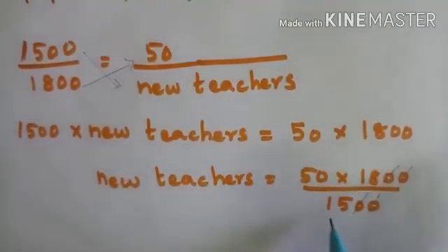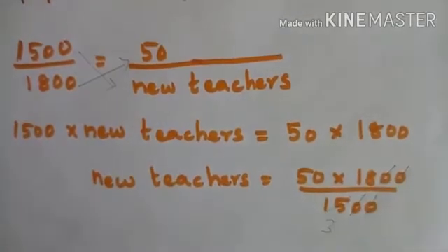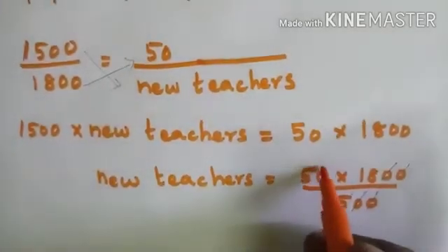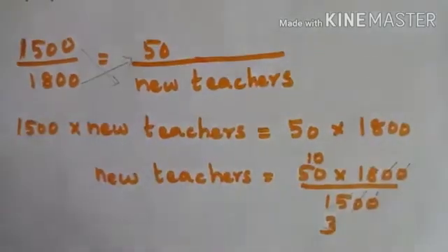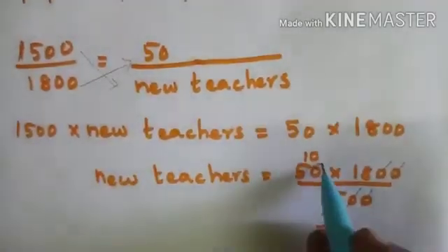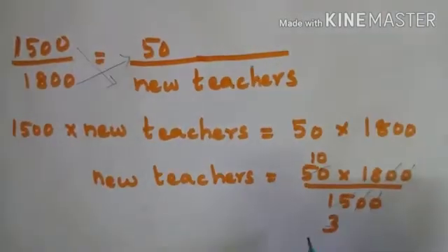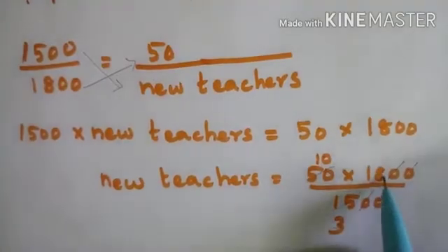So see here, 3 5s are 15, isn't it? 3 5s are 15. And here, when we are striking this, what will we be getting? 10. 1 5 is 5 and 0 we can put, otherwise 10 5s are 50. So we can strike it in that way. Next you see 3 we are having here, 18.